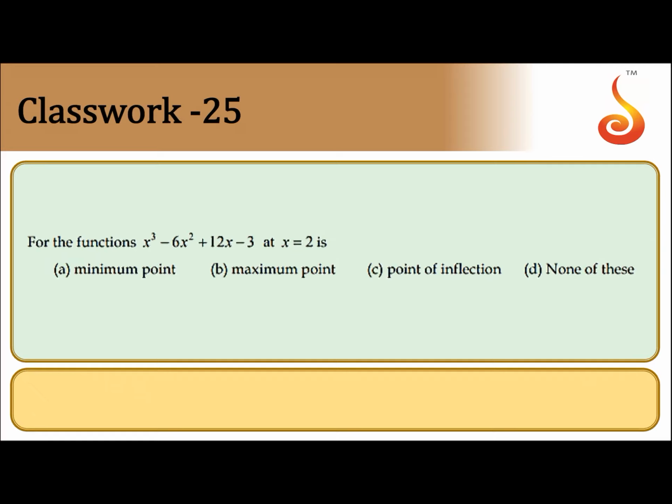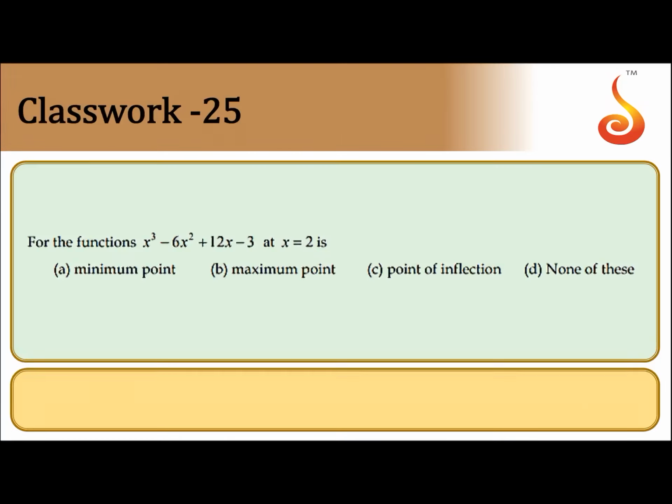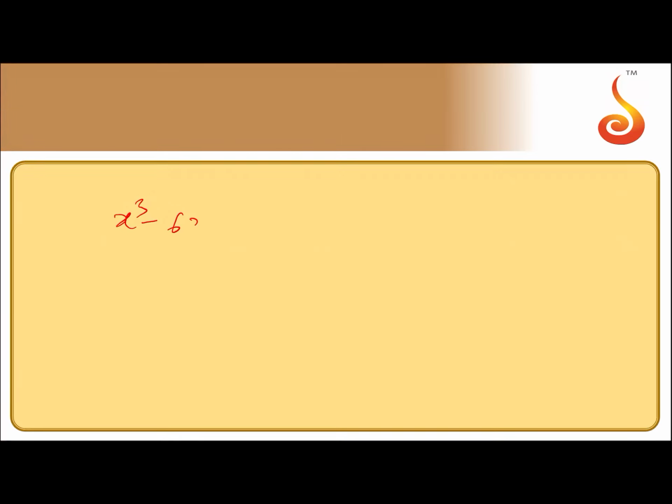Next, for the function at x equals 2, is it a point of maximum, point of minimum, or point of inflection? Let's see. y equals x cube minus 6x square plus 12x minus 3, at the point x equals 2.